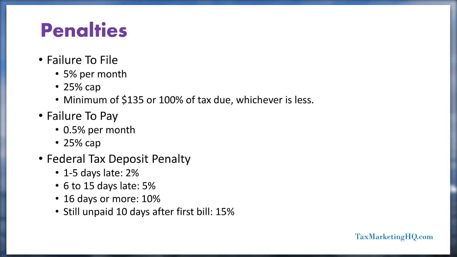And so this is where you're going to find a lot of your 941 clients when they come in the door to your office. So they will have maxed out either one or the combination of the failure to file and the failure to pay penalty. So they're going to have that 25% penalty right there.